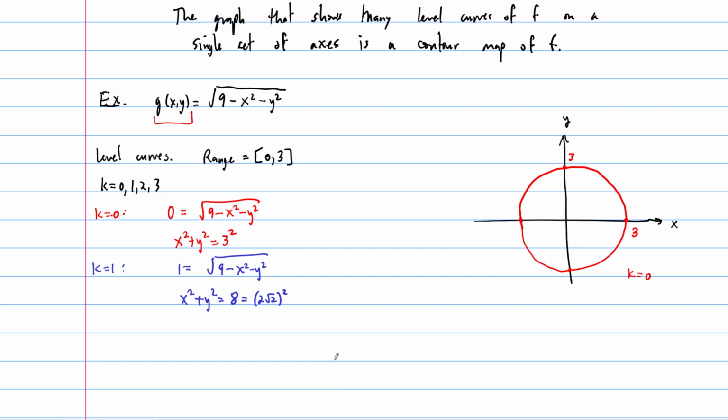So this is going to be a circle of radius 2 root 2, which is a little bit less than 3. It's like 2.8 or something, right? So it's pretty close out here. Again, pretend it's a circle and that it's concentric. And so this one is 2 root 2, and that's when k equals 1.